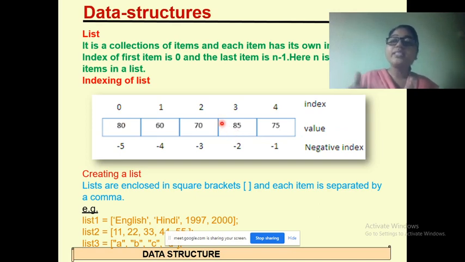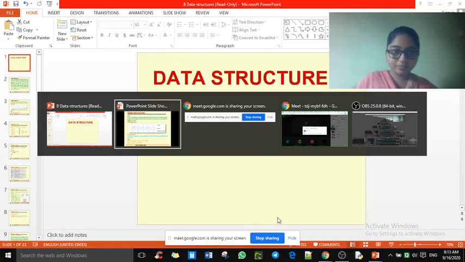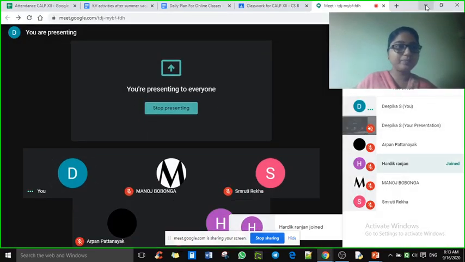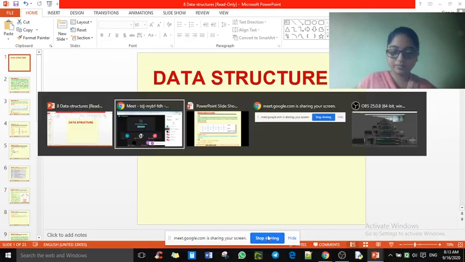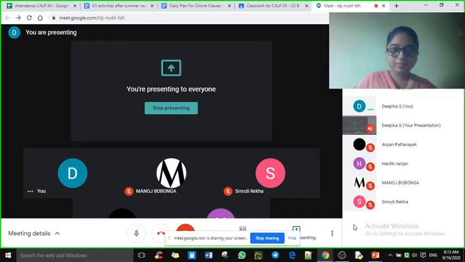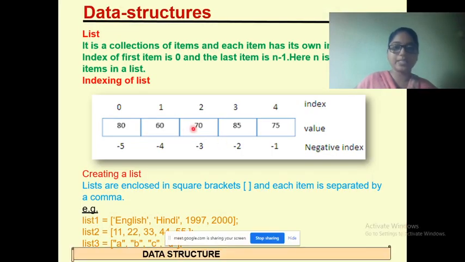But now what is the index of those values? Index starts with 0.